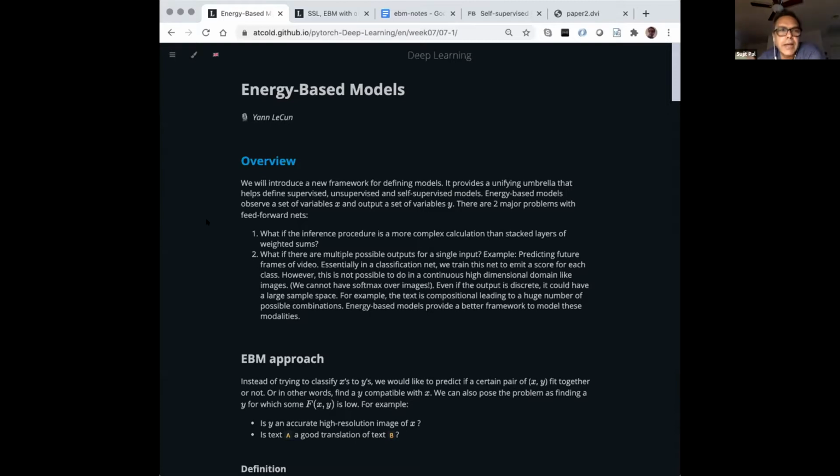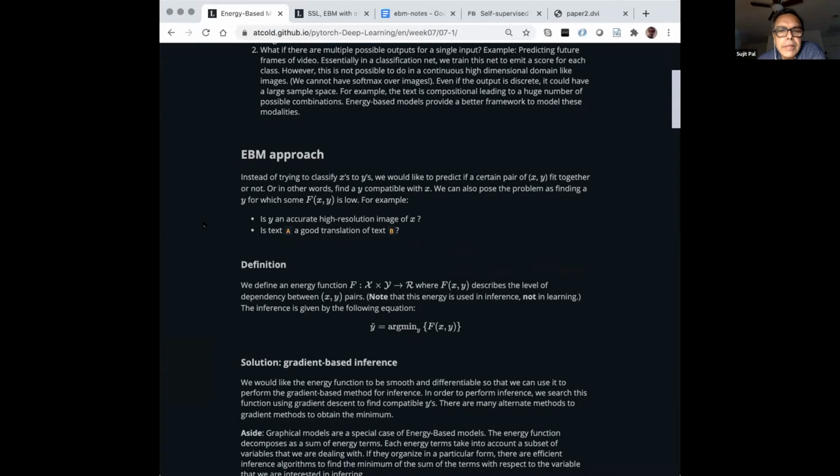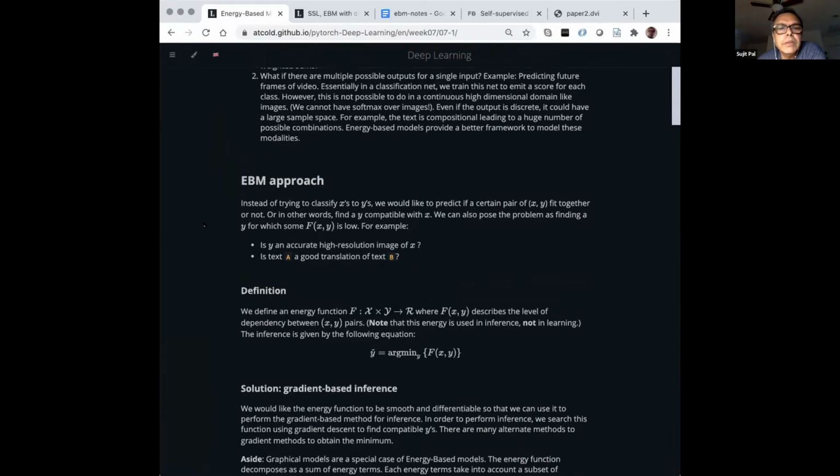If they are similar to each other, some kind of measure of similarity, the energy associated with that is low. And if they are dissimilar, the energy is high, right? So it's kind of like entropy, like the more you know about something, the more stable it is. Lower entropy versus a more unstable is higher entropy. So that's basically the EBM approach.